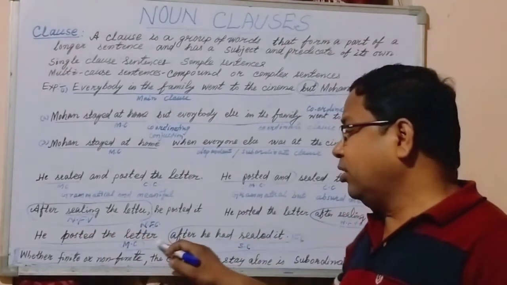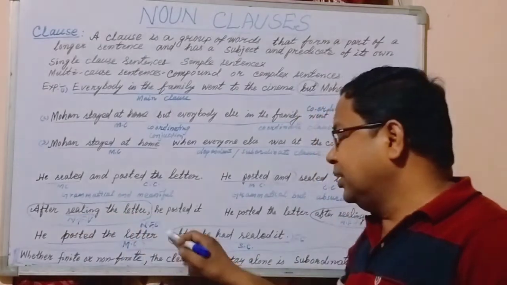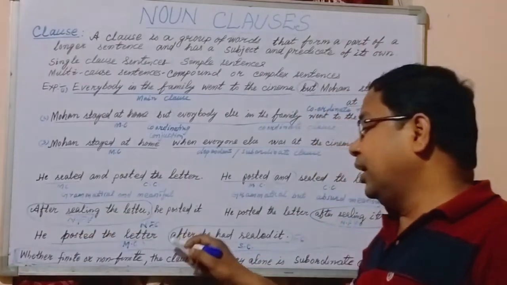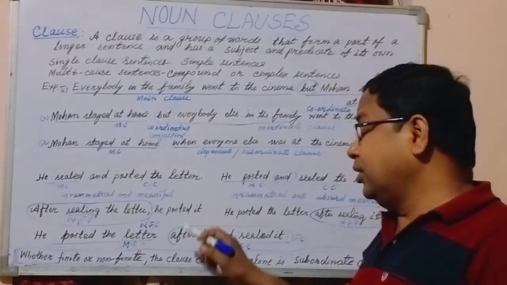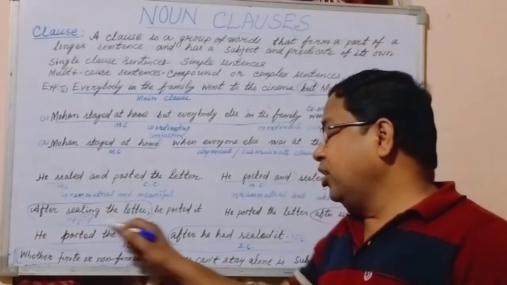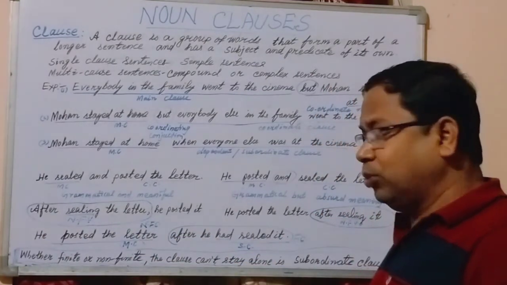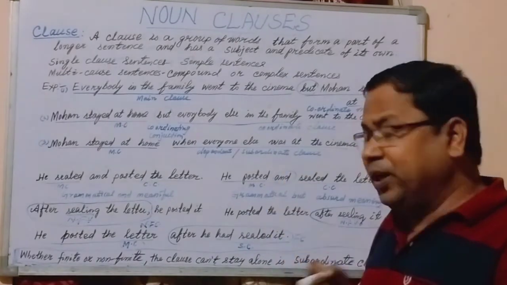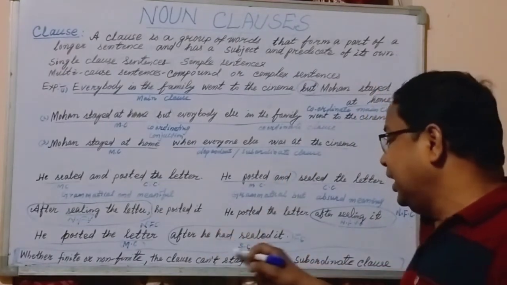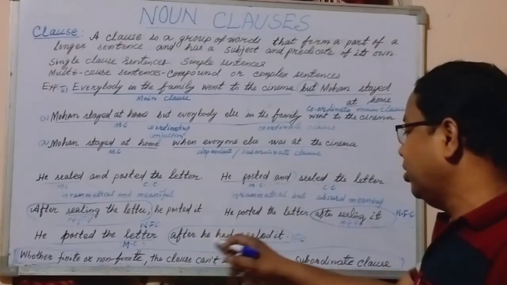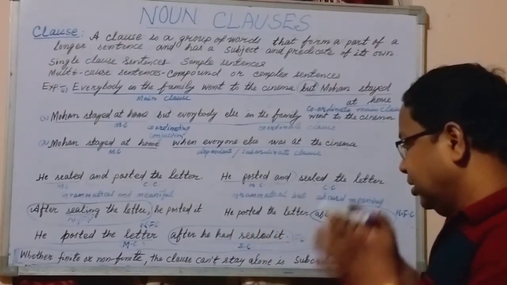He posted the letter. It is well known to you that it is a complete sentence and a simple one, and we can take it as the main clause. It is not dependent. It is independent.